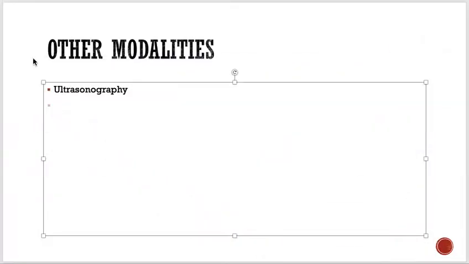So that is ultrasonography, and then there are other techniques which we call ionizing radiation techniques. There are many of them, by the way, too many for me to know them all.